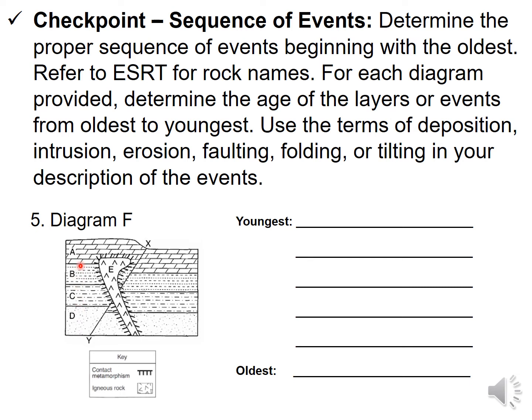Now to look really, really closely at X, okay, let me see. So the intrusion of E, because if E was there, then that line XY would have gone through E. Then we have fault XY, and then we should have our depositions of A, B, C, D.